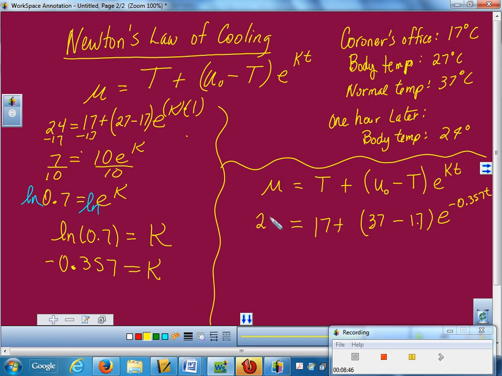Fine, 24. It doesn't matter. It'll work either way, as long as you know which time period you're talking about. So you would take off your 17 again, which will leave you 7. 37 minus 17 is now a 20 e to this ugly negative 0.357 t.